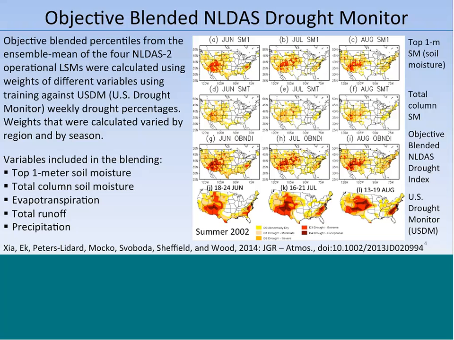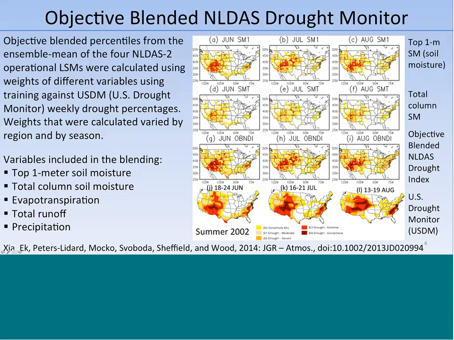If you look at this third row, these are objective blended drought indices from NLDAS, and the fourth row is the U.S. Drought Monitor. It's just some examples showing how when you combine these variables and weight them in a certain way, you can mimic the drought monitor, not perfectly, but to a fair degree, as compared to the top row, which shows soil moisture in the top 1 meter, for example.